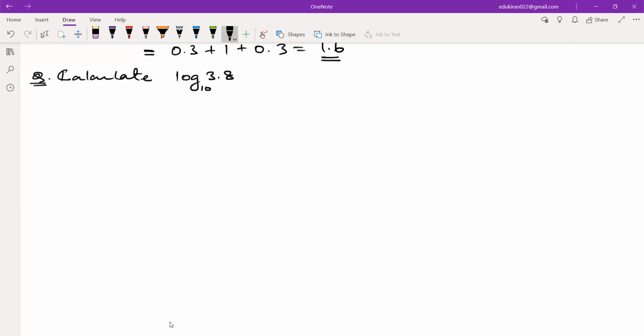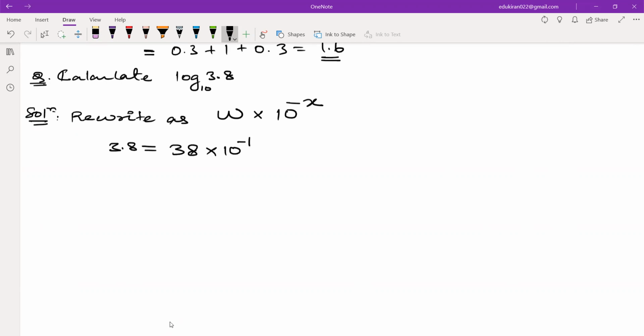So what you need to do here is rewrite it as some whole number into 10 to the power minus x. So how will you write 3.8? I will write 3.8 as 38 into 10 to the power minus 1. And then I will calculate the log. So I will write log of 38 into 10 to the power minus 1.